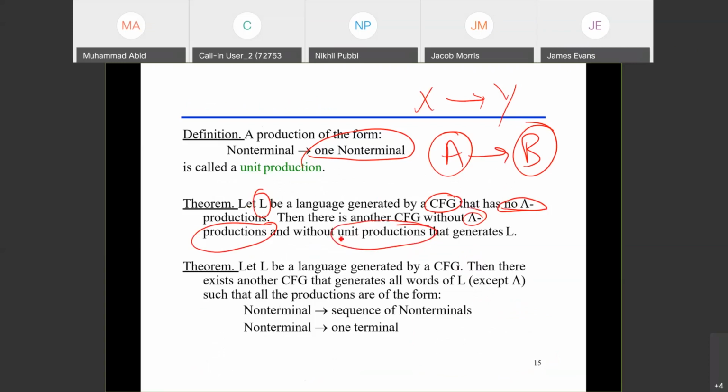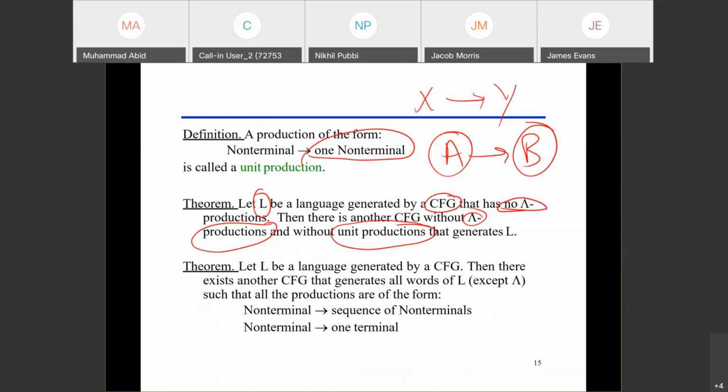Okay, so what we are saying, if you have a language represented by a context-free grammar, and this grammar has no lambda productions, you already did the first cleaning step, but it has unit productions. So there must exist a new grammar which definitely has no lambda productions and also no unit productions. So you have a clean grammar now.